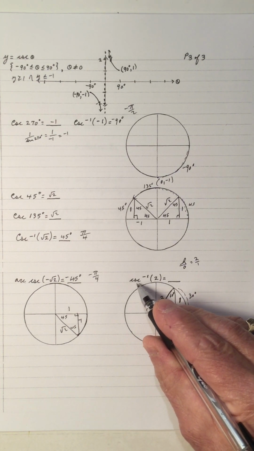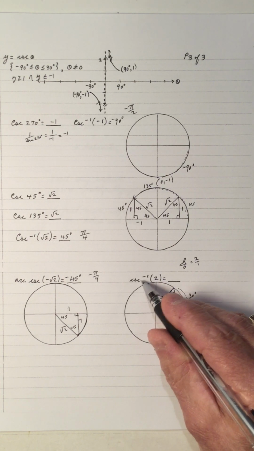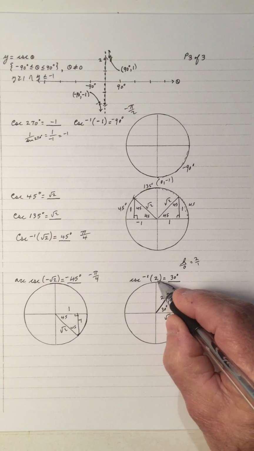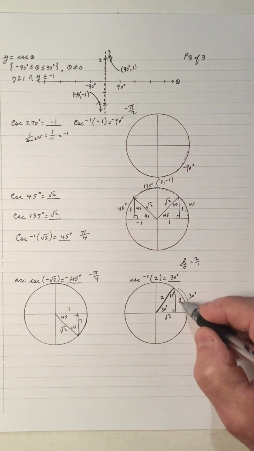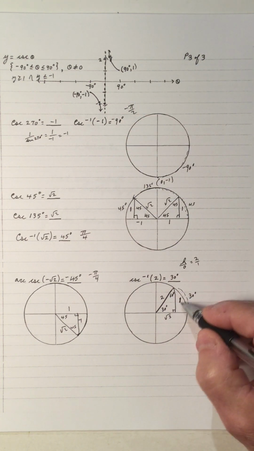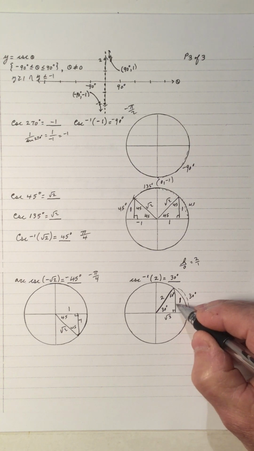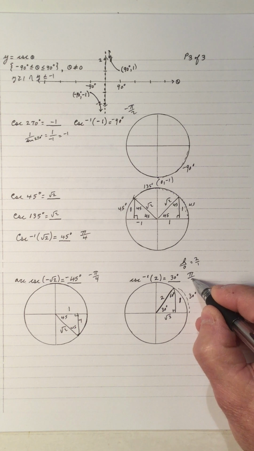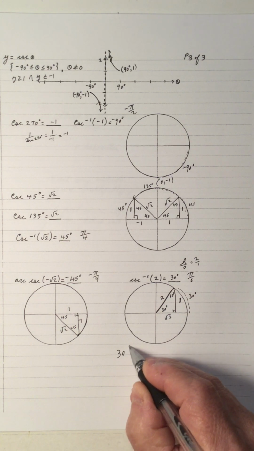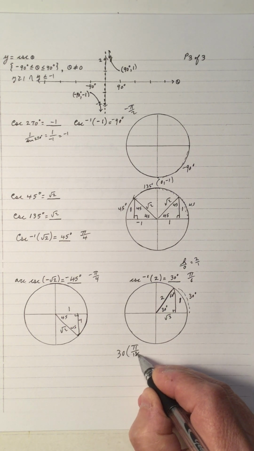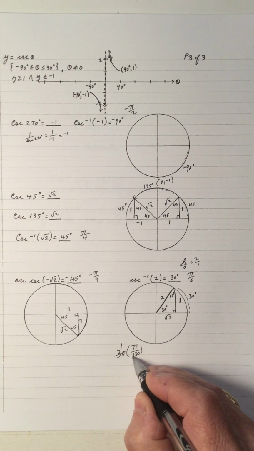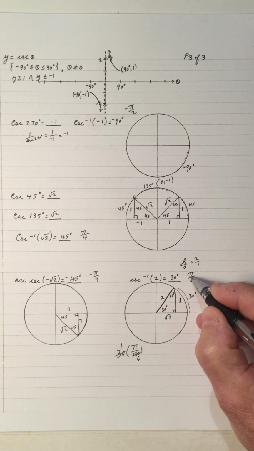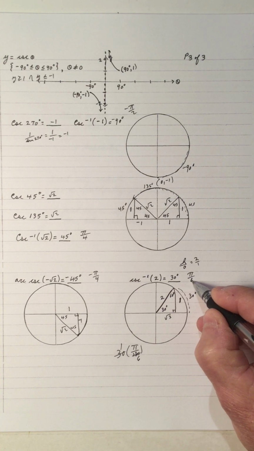So the arc cosecant of 2 is 30 degrees. Because it's positive, it's in the first quadrant, and it has to be a 30, because it's hypotenuse over opposite. 30 is opposite to 1, and 30 is pi over 6. So you take 30 multiplied by pi over 180 to convert. Notice pi over 6, 180 divided by 6 gives you 30.